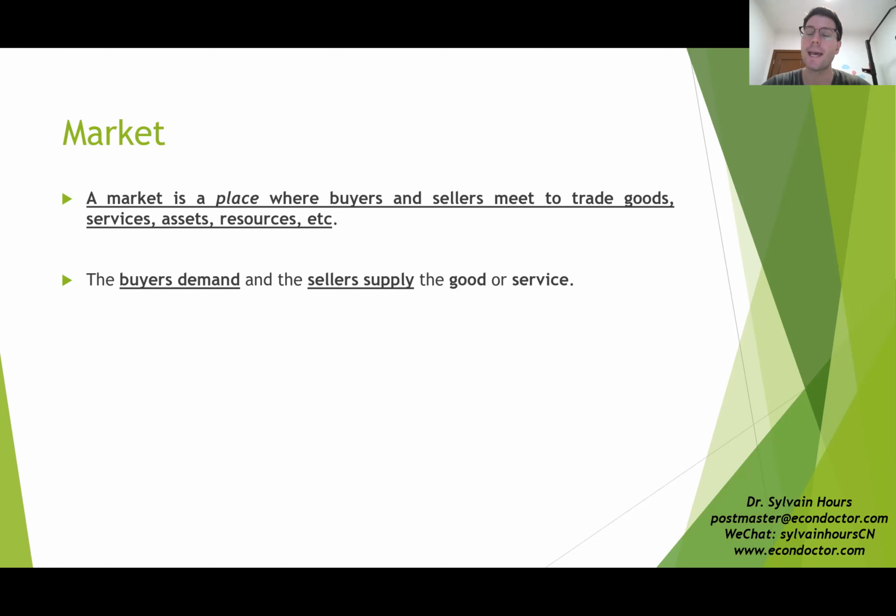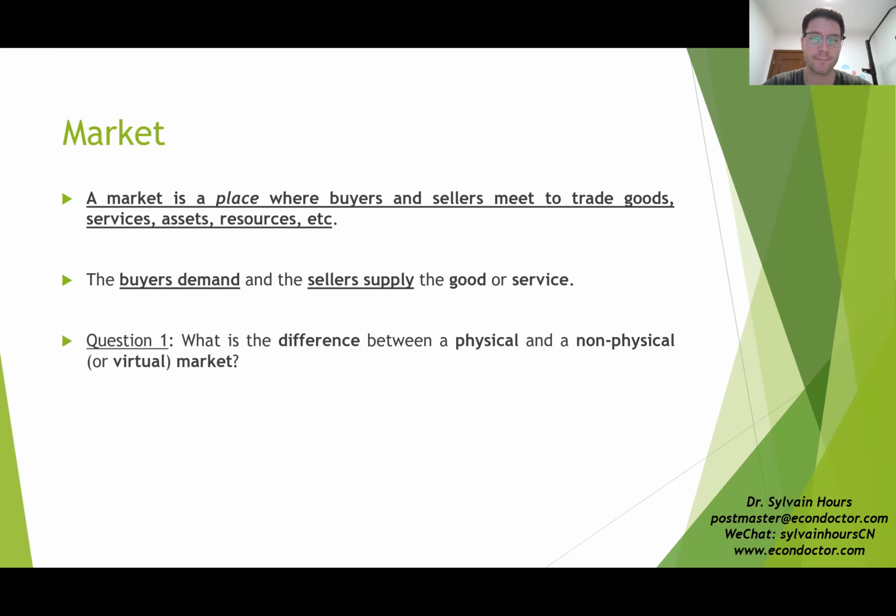The buyers demand the good or service or the product, and the sellers supply. Okay, easy. Now, a few questions that you can ask your students to start your lesson. You can ask them what is the difference between a physical and a non-physical market. Pretty easy, and they should understand. Physical could be a store, could be a street market.